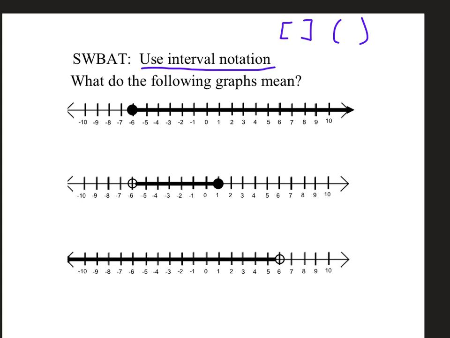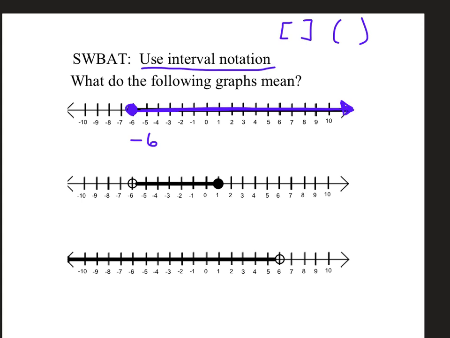What this means here is you have your colored in dot at -6, and it's highlighting all of the numbers over on this side of -6.